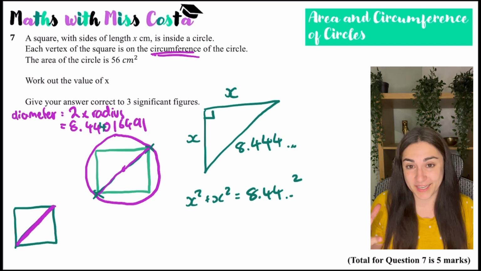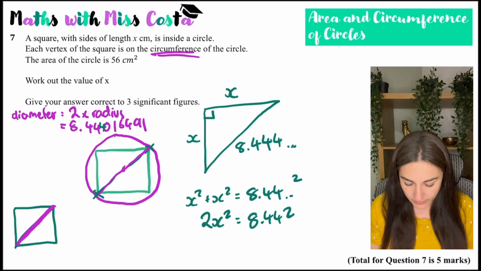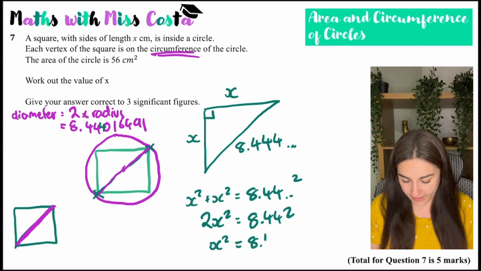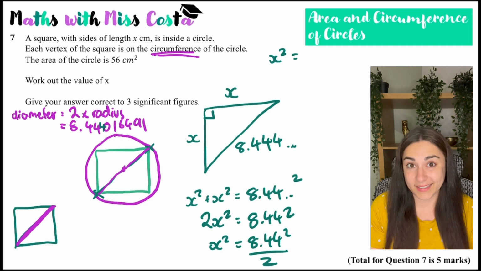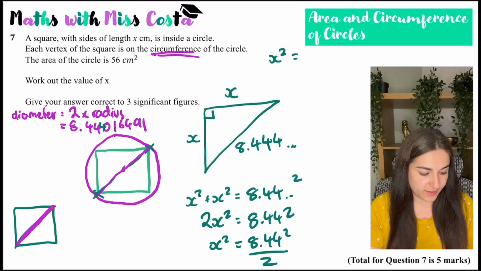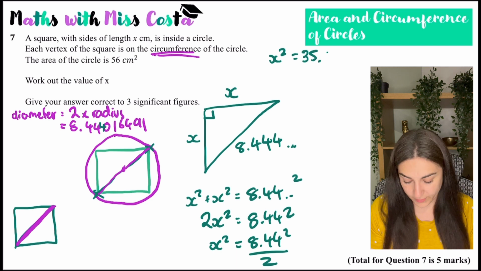So because they are both the same, they're both x squared, and I can collect the like terms. So I know that 2x squared must be 8.44 squared. I could then divide by 2. So x squared is going to be 8.44 squared divided by 2. So let's actually just type that out on my calculator. So 8.44, or my answer, squared divided by 2 is 35.6507.